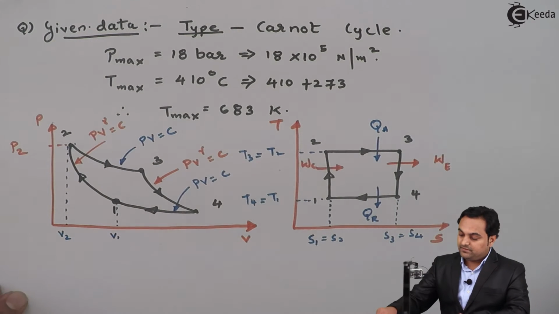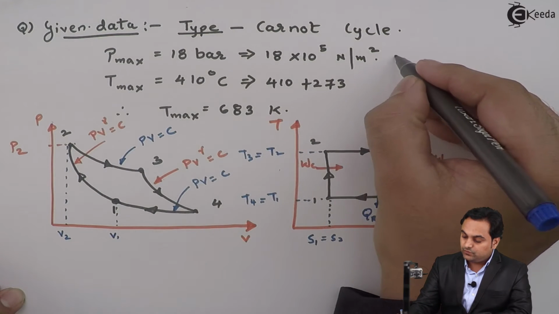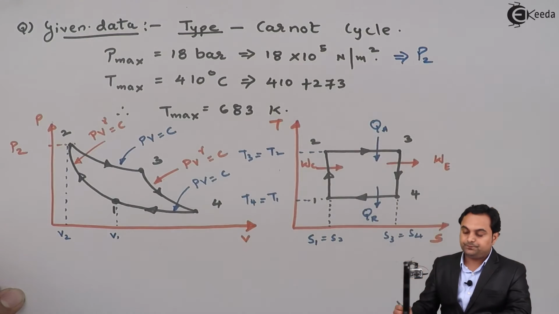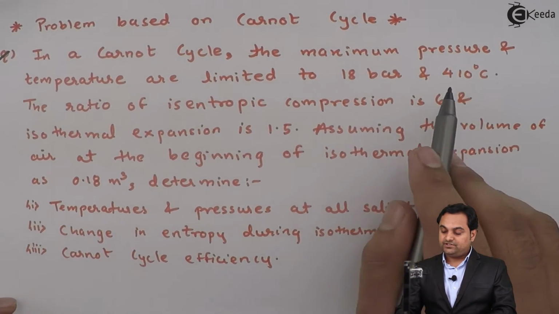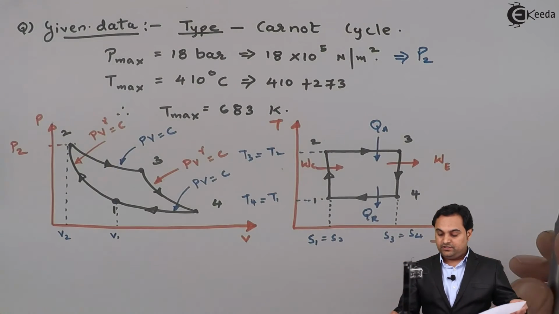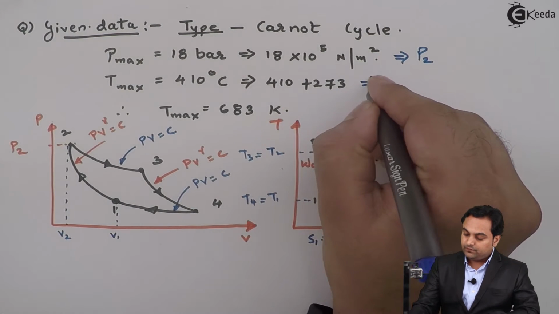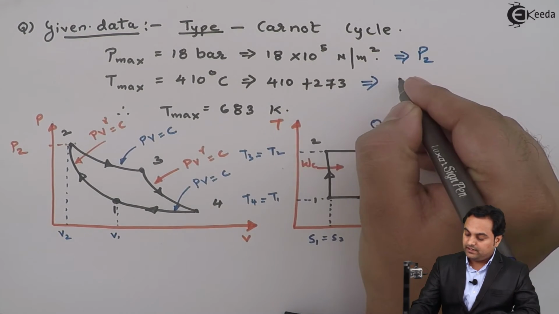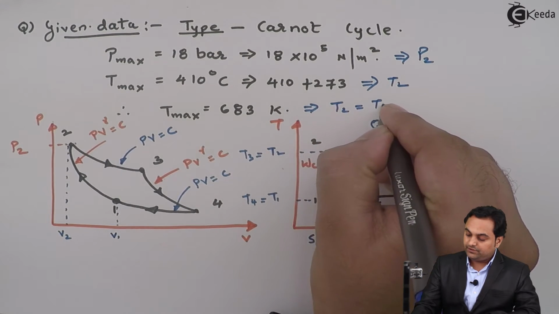So this P2 is the maximum pressure. Here I'll write down P max was nothing but P2. And then the maximum temperature is 410 degrees Celsius. That maximum temperature T max is T2 is equal to T3.